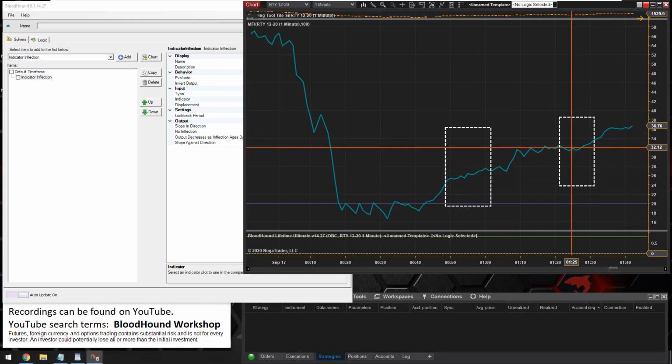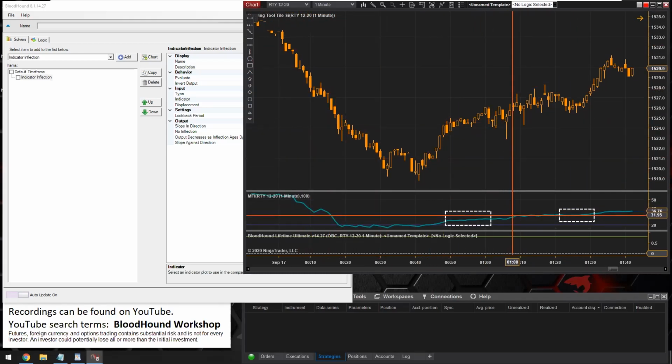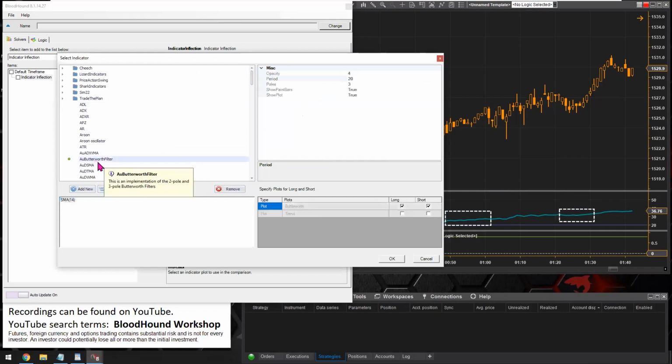So technically speaking, there are inflections in here, but one of the problems with charts is things get squished. If you squish your indicator, it's going to look nice and smooth. But let's change this out and put the MFI indicator in here.